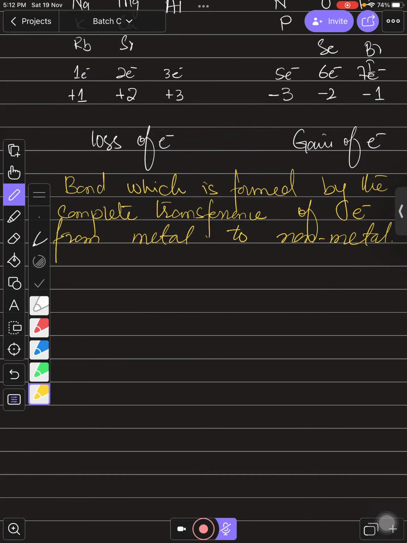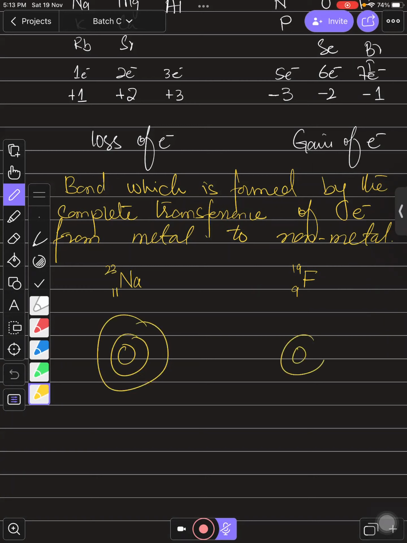You need to understand that, for suppose sodium, sodium has 11 electrons, 11 protons and 12 neutrons, while fluorine has 9 protons and 9 electrons. If you talk about the structure, this is the first shell, second shell, third shell.